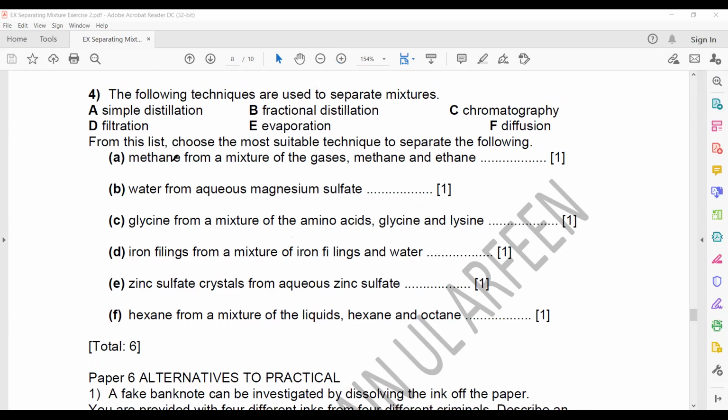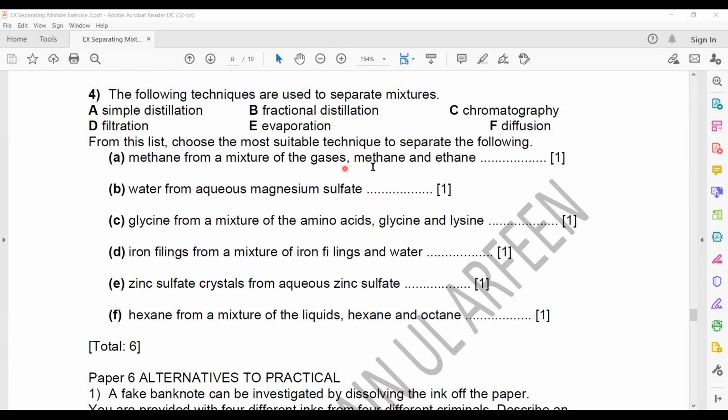You don't have to write the name, you have to use a letter. If you select simple distillation, write letter A. If you select fraction distillation, write letter B. If you use chromatography, write letter C. If you use filtration, write D. Evaporation, write E. And for diffusion, write F.